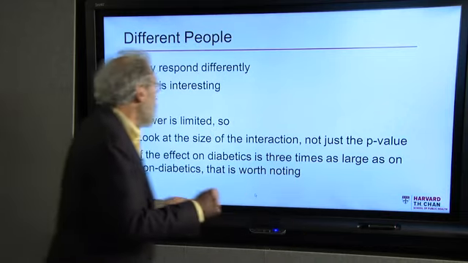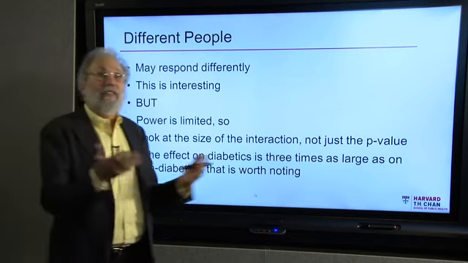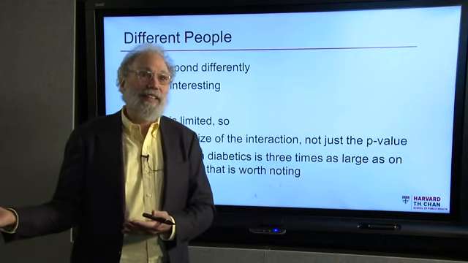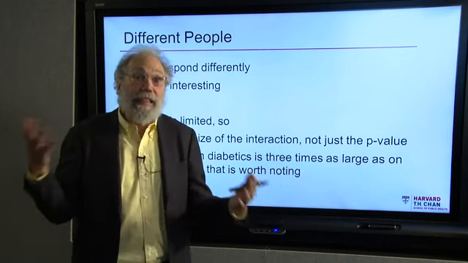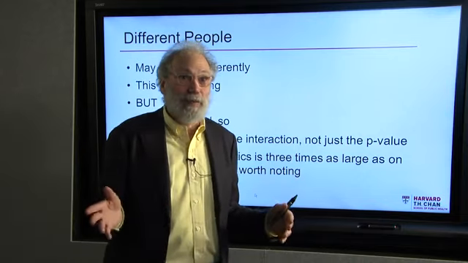Right? So that's why it's a good idea, but obviously power is limited. If I want to know whether diabetics respond differently and 10% of the population is diabetic, that doesn't give me so much power unless I have a large sample size.